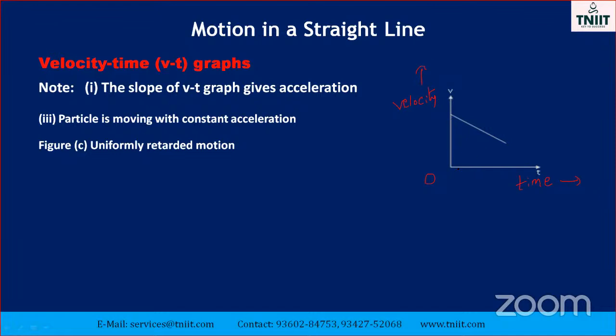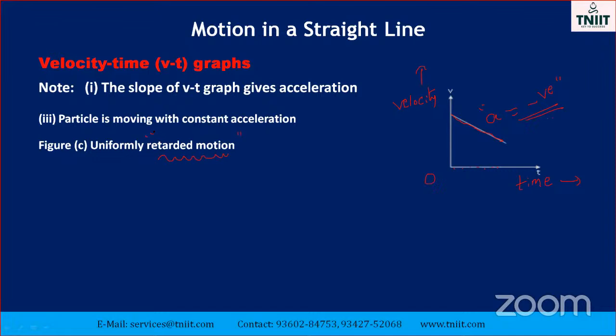Now, as the time increases, you can notice that the velocity starts decreasing. If the velocity starts decreasing, the acceleration should be negative, right? What is this negative acceleration called? Retardation. So it is considered as a uniform retarded motion.